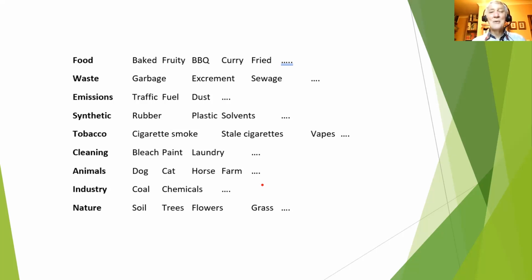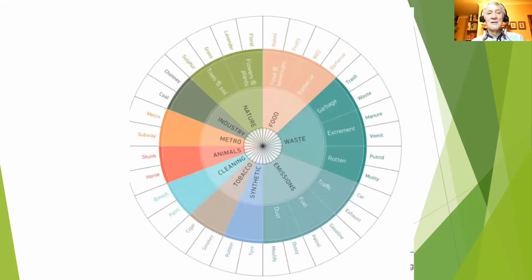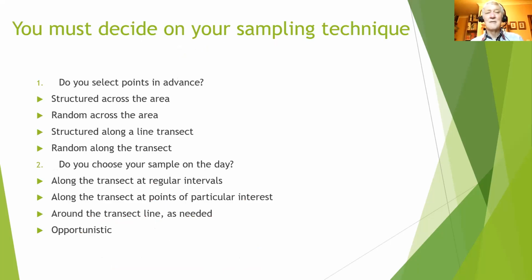So again, you adapt it for things that you think you might find, and then adapt it further for things that you do find. It's your work, you develop it, you gain marks. Have a look for ideas in that again, but don't rely on it. Rely on yourselves.